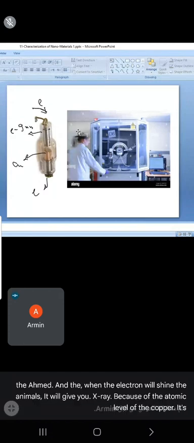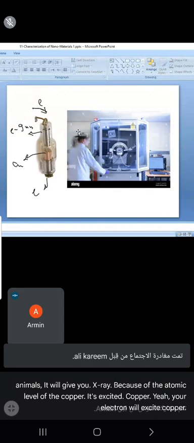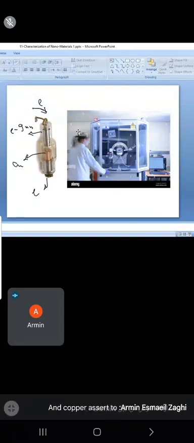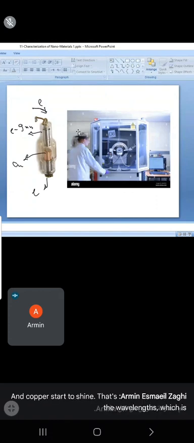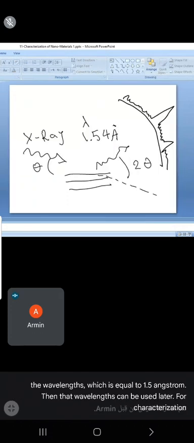Your electron will excite copper, and copper starts to shine a wavelength which is equal to 1.5 angstrom. Then that wavelength can be used later for characterization of your material.